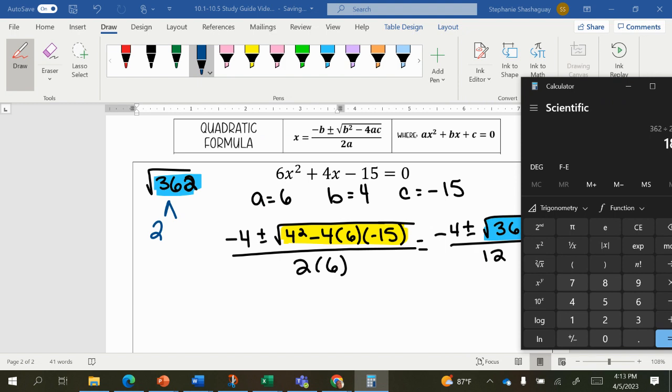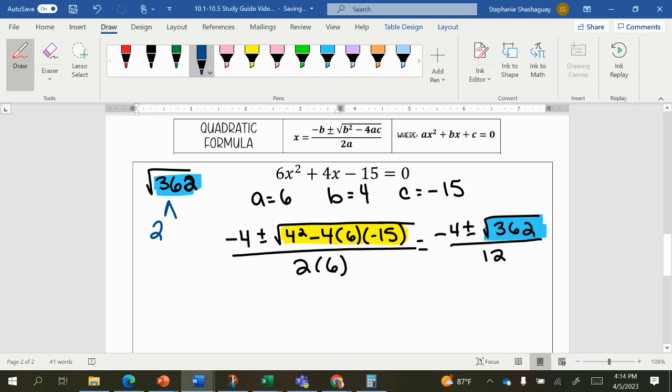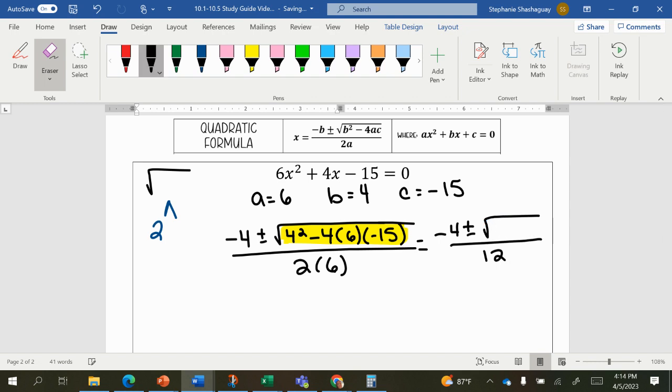4 squared minus 4 multiply 6 multiply negative 15. It's 376. I don't know. That's why I don't like the computer calculator.